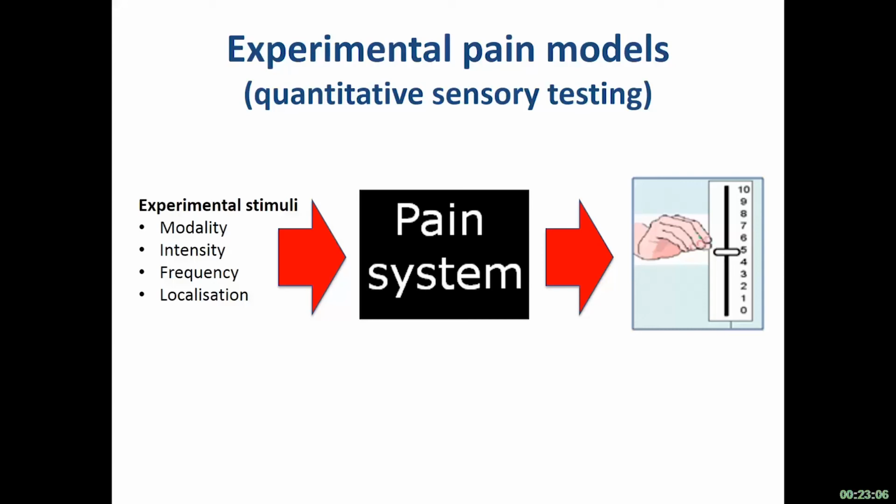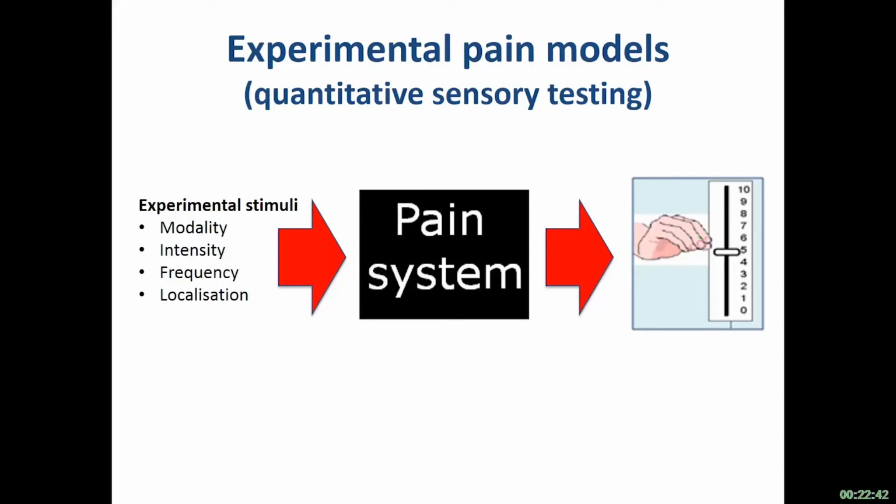The idea here is that we consider the pain system as a black box. We cannot go into this black box, but we can stimulate it on the left-hand side by experimental stimuli, where we can control the modality, that is, what kind of stimuli we use. That could be, for example, pressure stimulation, mechanical stimulation of the gut, visceral distensions. It could be heat, cold, chemical stimulation, etc.